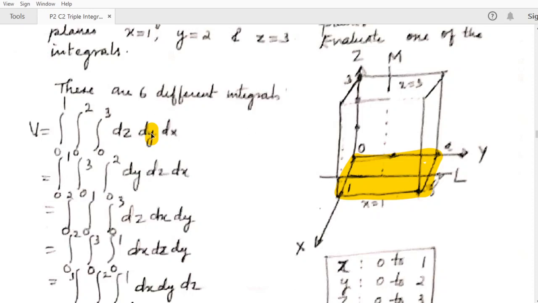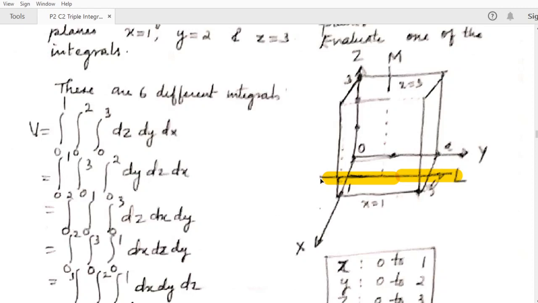So first we find the limit of y in this region. To do that, we first consider this shadow region, and we draw a line L that is parallel to the y-axis.